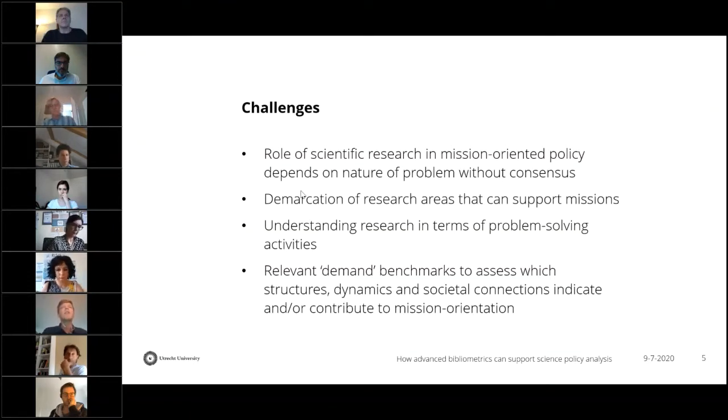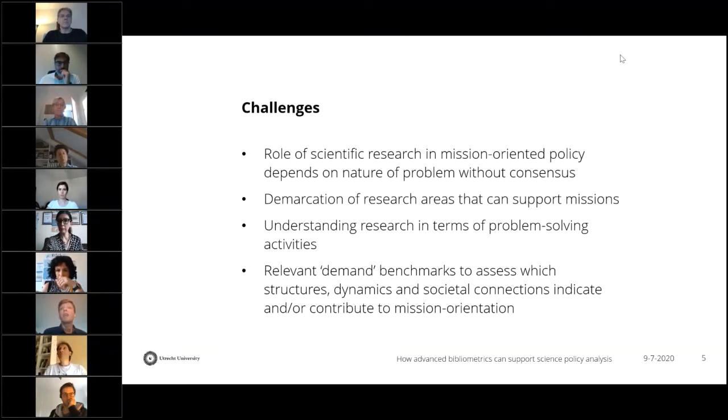The second challenge is the demarcation of the research areas, and specifically the research areas that can support missions. I think in many cases some research areas that are relatively distant from a particular mission might still provide input in that mission, and it remains a little bit unclear what that means for how you can demarcate a certain research portfolio.